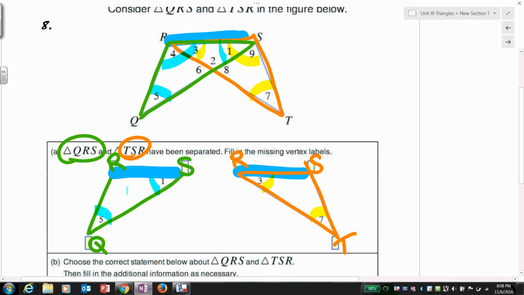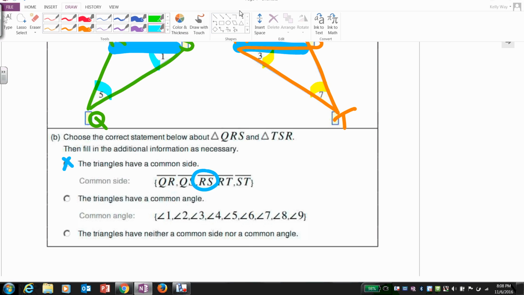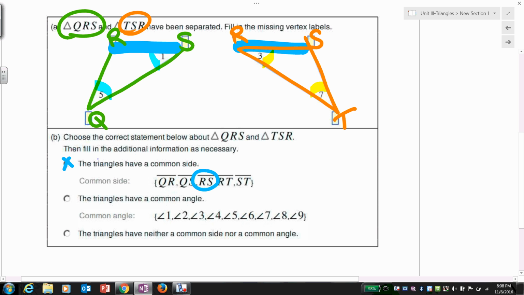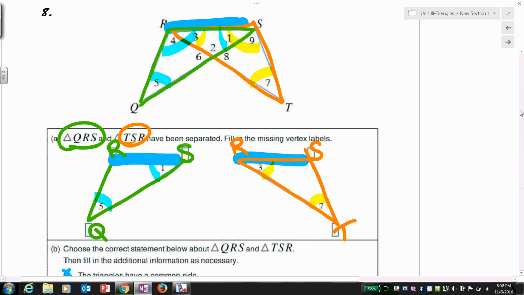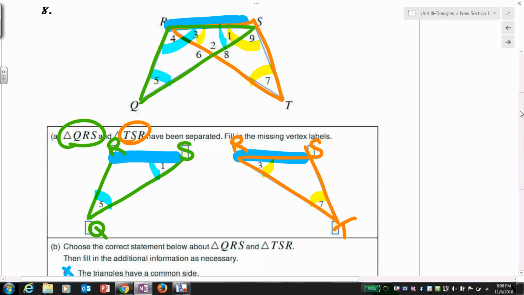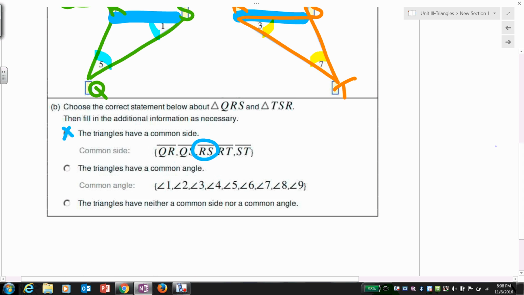And if you look, nothing's in common, so it has no common angle. So the triangles have what angles in common? And they do not have triangles in common. So it's going to be this one.